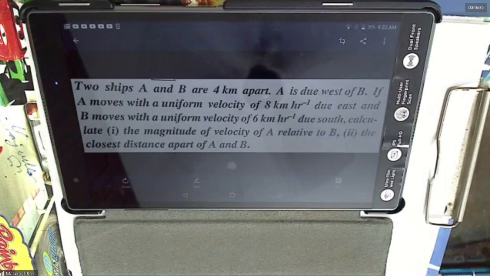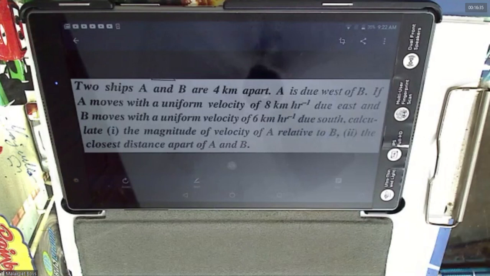Two ships anywhere 4 kilometers apart. Okay, he is here. Because this is not west for B, no? This is east, west, north, south.